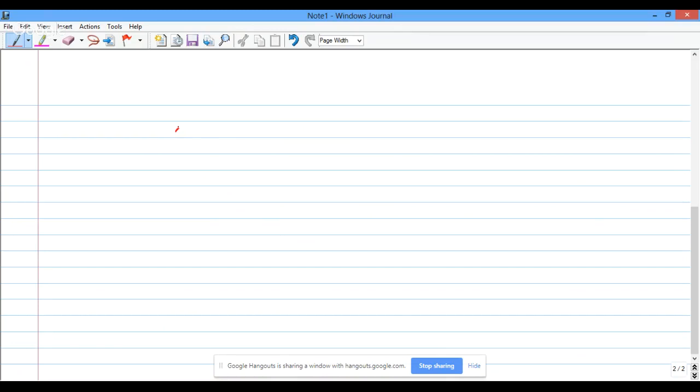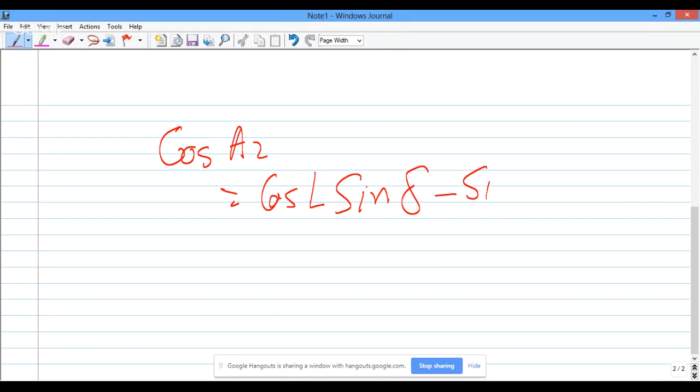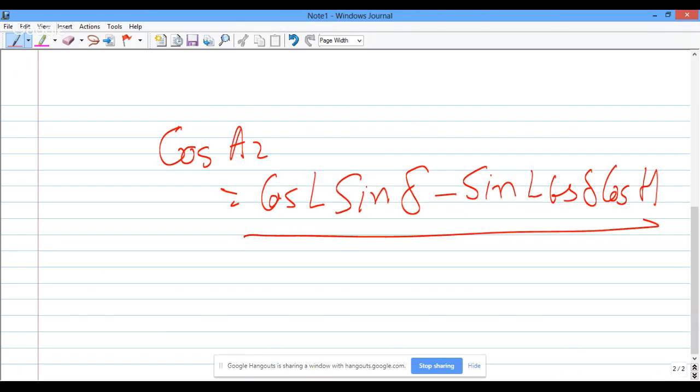So cos AZ, I think we have used this, equals cos latitude, sine declination, sine delta, minus sine latitude, cos delta, cos hour angle, divided by cos beta.